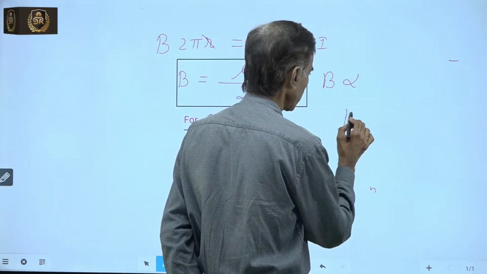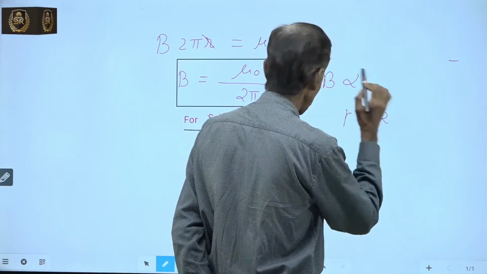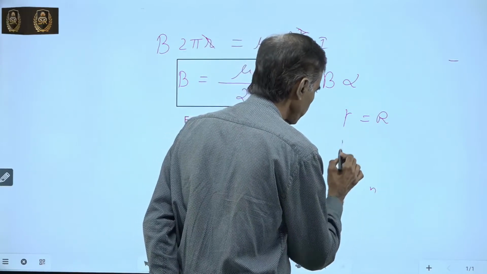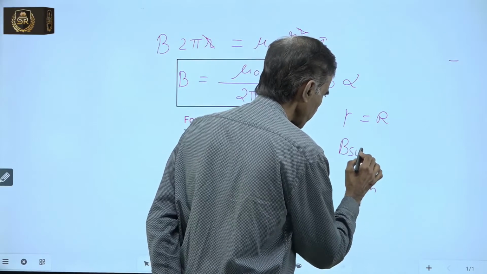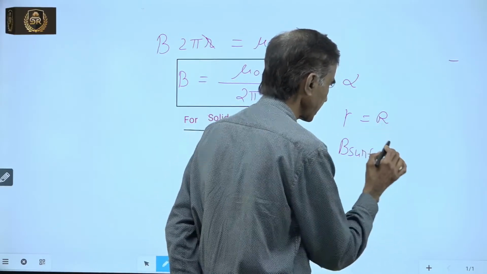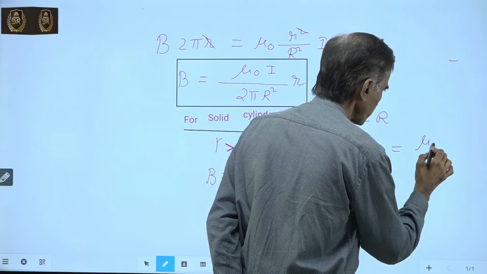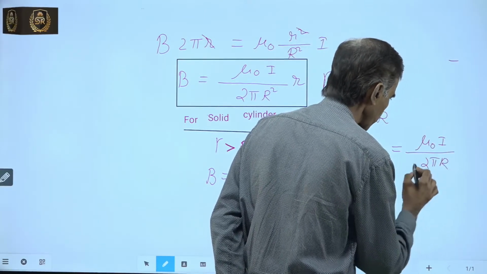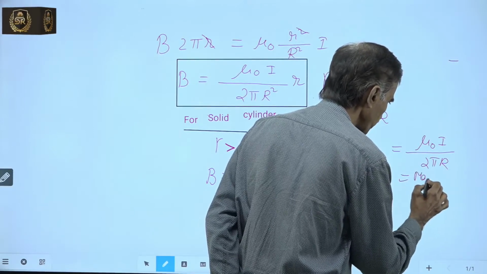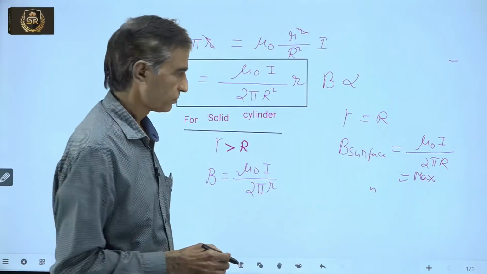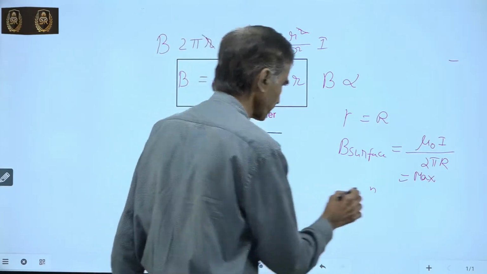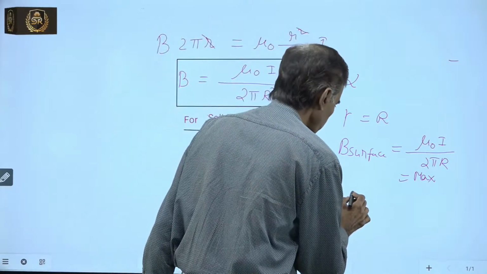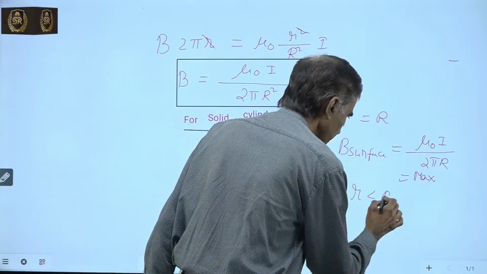When we take small r equal to capital R, B at surface is equal to mu naught I upon 2 pi capital R. This is the maximum field induction. Next, third one, small r less than capital R, means inside the conductor.